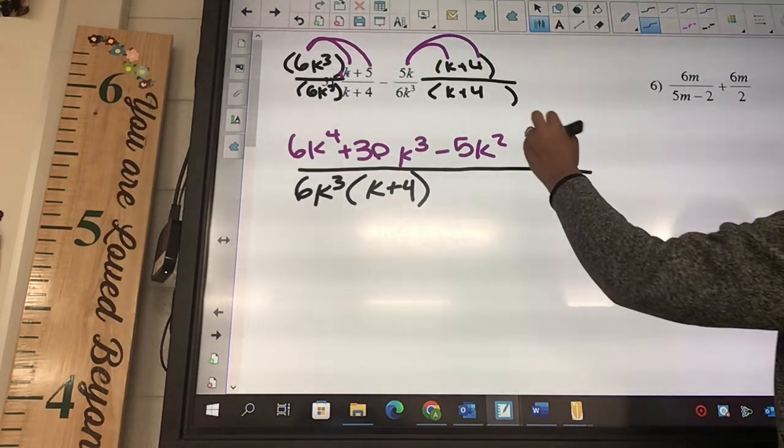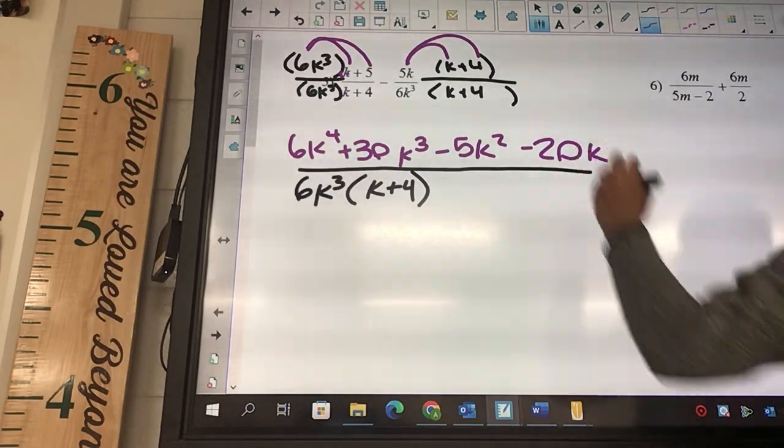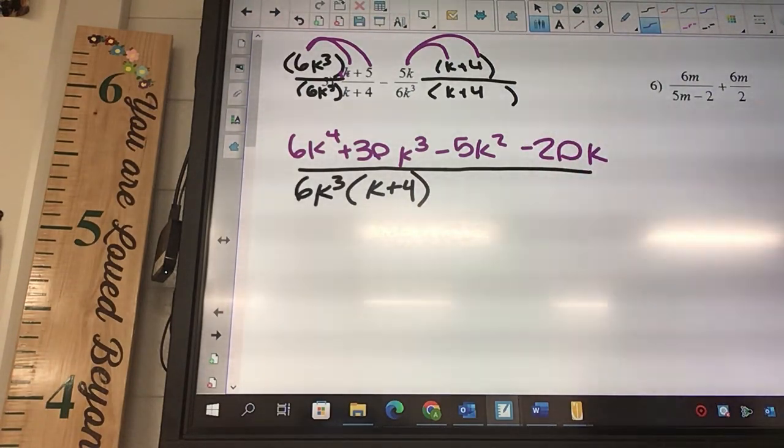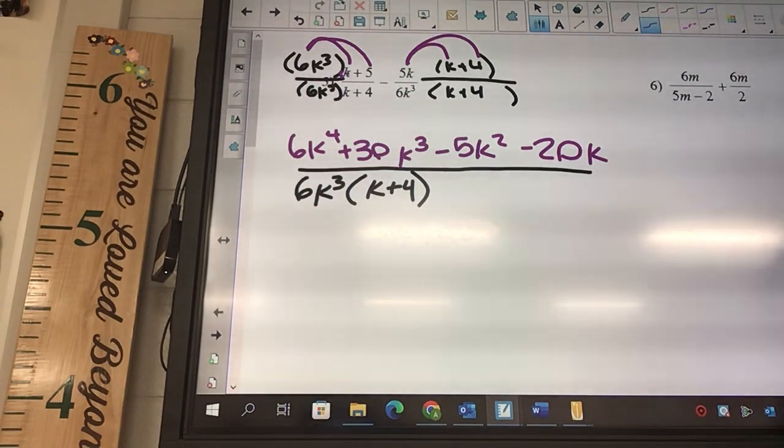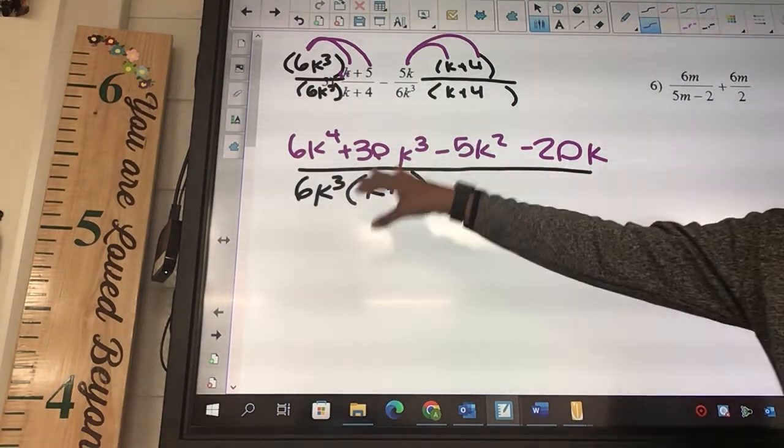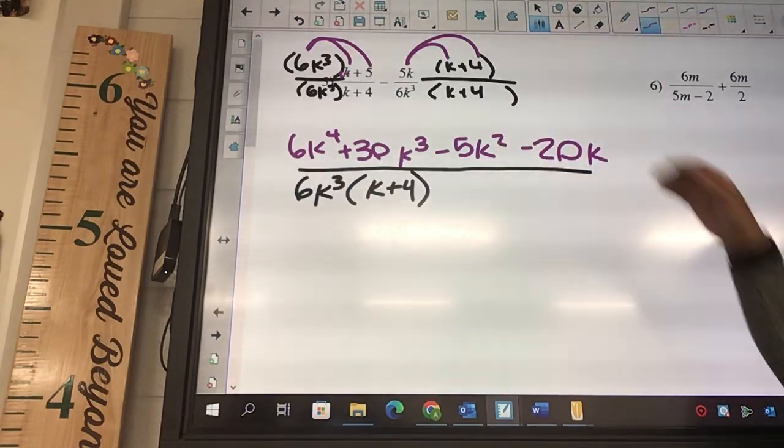Negative 20. How many k's? 1. Perfect. Okay, now looking at the top, what can we combine? Why can we combine nothing? Because all the exponents are different. I cannot combine a k^4 with a k^3 with a k^2 with a k.